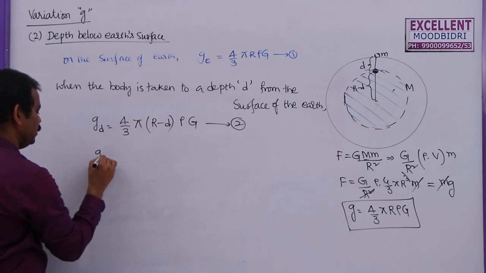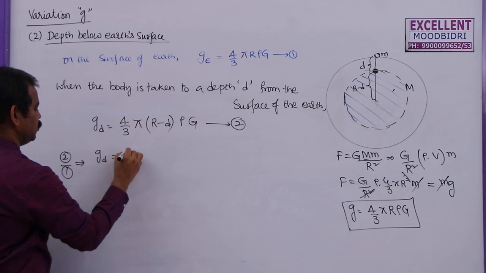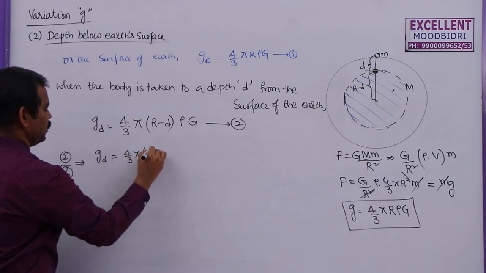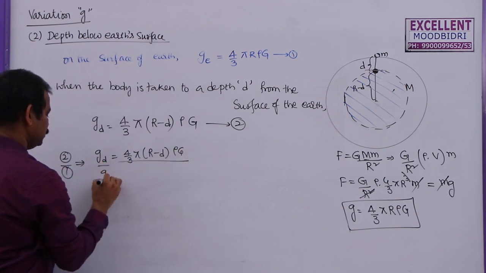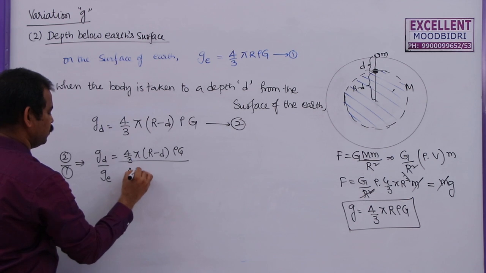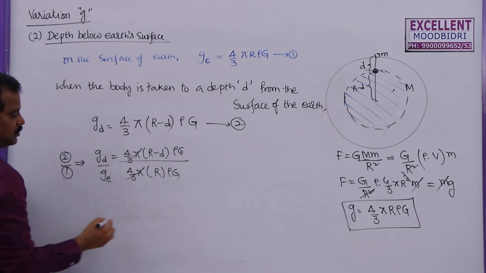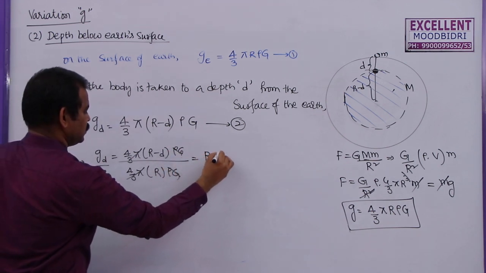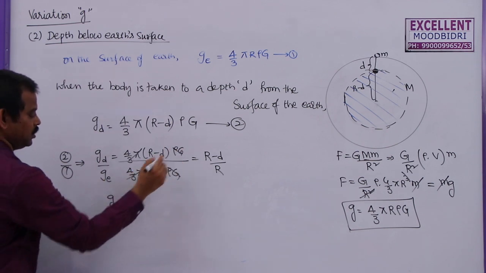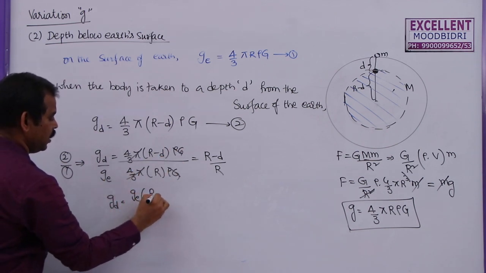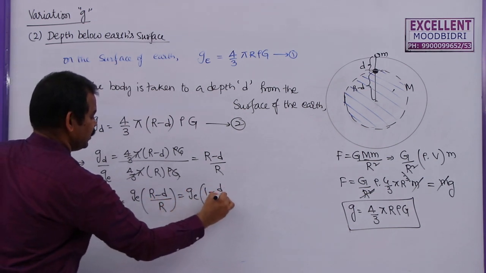Now divide equation 2 by 1. g_d by g_E is equal to 4 by 3 pi (R minus d) rho G by 4 by 3 pi R rho G. The 4 by 3 cancels, rho G cancels, and this becomes (R minus d) by R. So g_d goes to that side: g_E (R minus d) by R, which you can write as g_E (1 minus d by R).